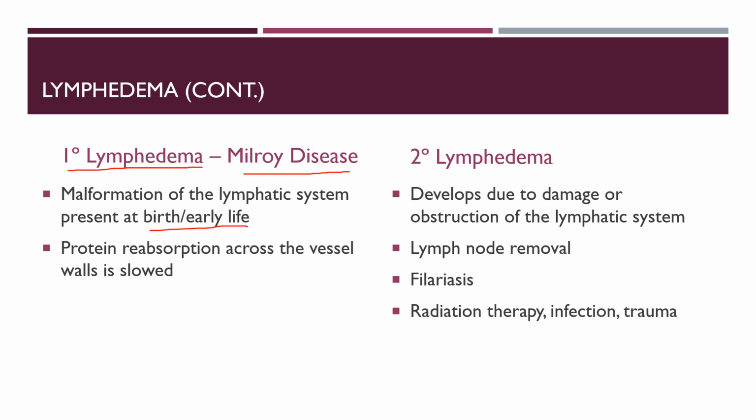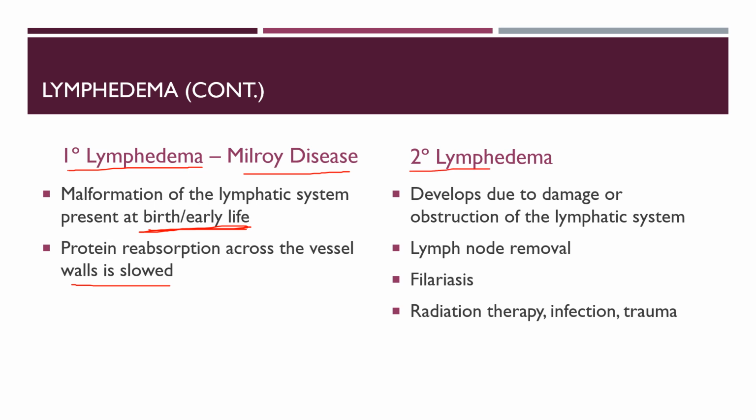This is typically something that we can't really avoid. With this primary lymphedema, protein reabsorption across the vessel walls is slowed. So again, that's going to lead to greater hydrostatic pressure and more leakage into the interstitial fluid.